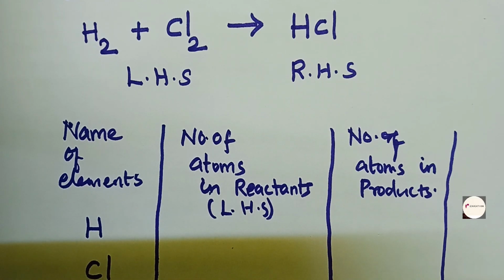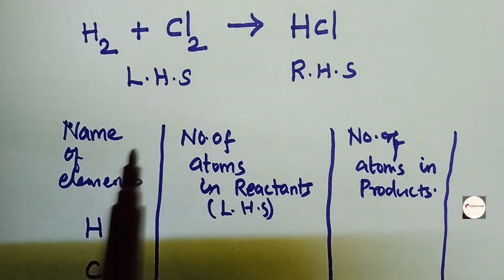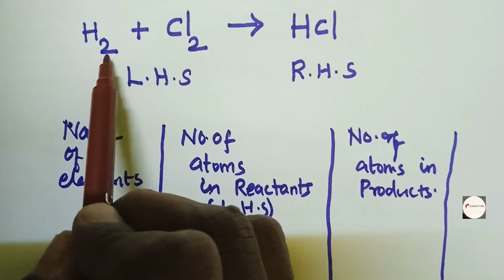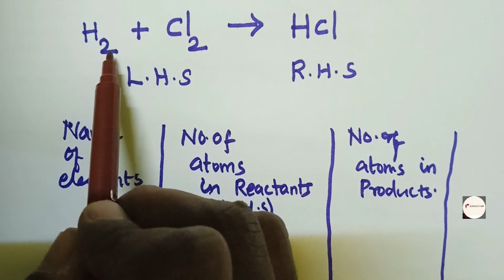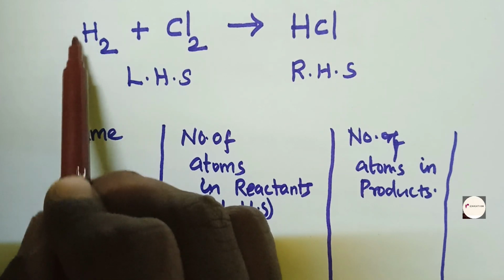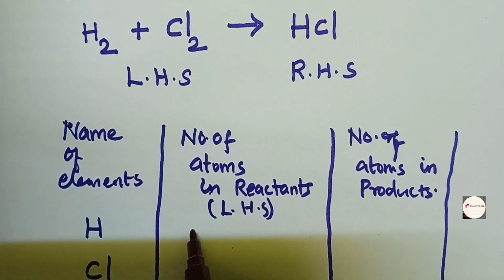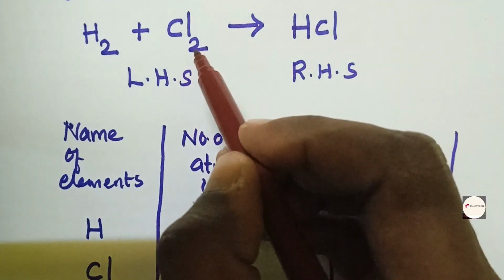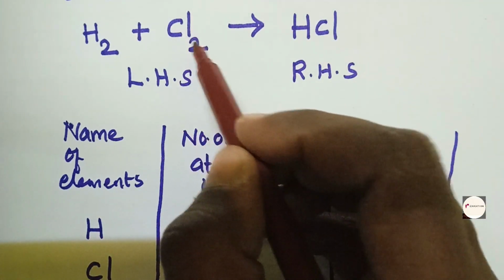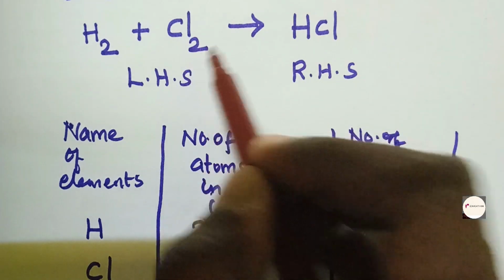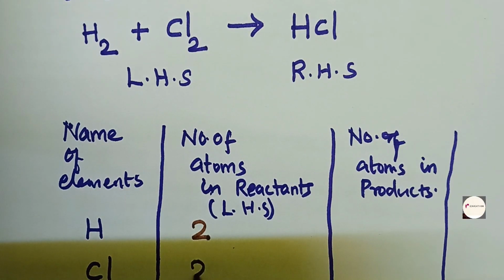Look at the hydrogen. How many atoms are there here? 2 hydrogen atoms. Okay, here nothing is written, so it is 1. So 2 hydrogen atoms, write 2 here. At the same time, chlorine atoms. How many atoms are there in the reactant side? 2 chlorine atoms, so you have to write 2.